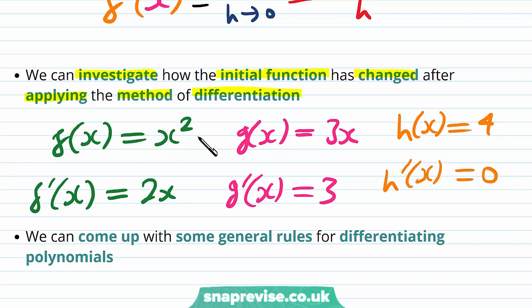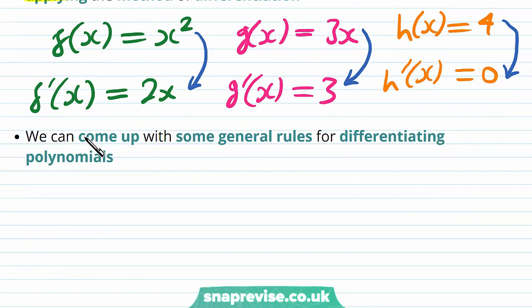We'd like to be able to relate f to f prime, g to g prime, and h to h prime in order to determine a general rule for differentiating these kinds of functions. And as such, we can come up with some general rules for differentiating polynomials.